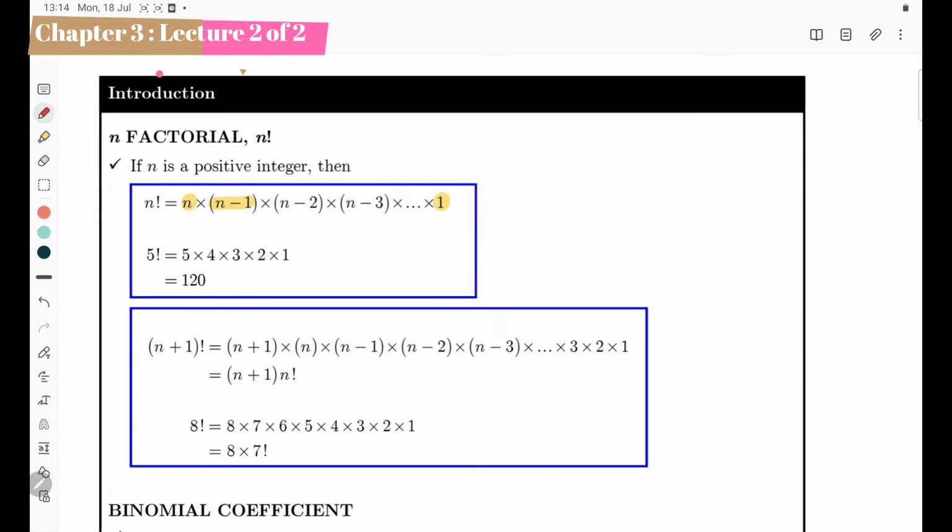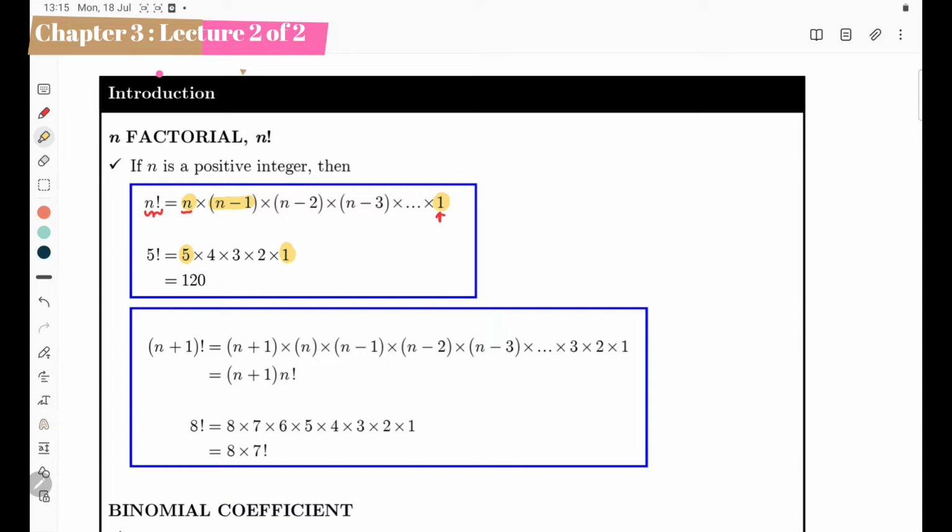So it means we have to start with n and end with 1. We look at an example, 5 factorial. So it is 5 times 4 times 3 up till 1 to get the answer 120.